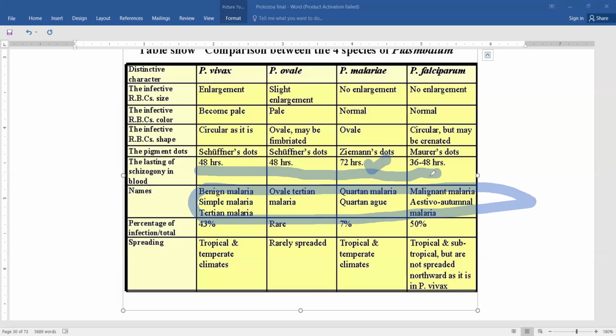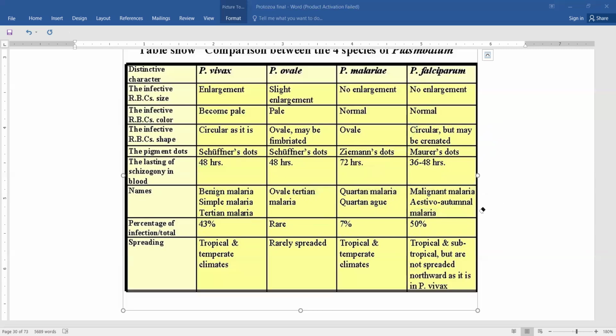In Plasmodium malariae, instead of Schuffner's dots there are Ziemann's dots. Plasmodium falciparum produces Maurer's dots in the RBCs of human being. You remember these three important points in the comparison of these four species.